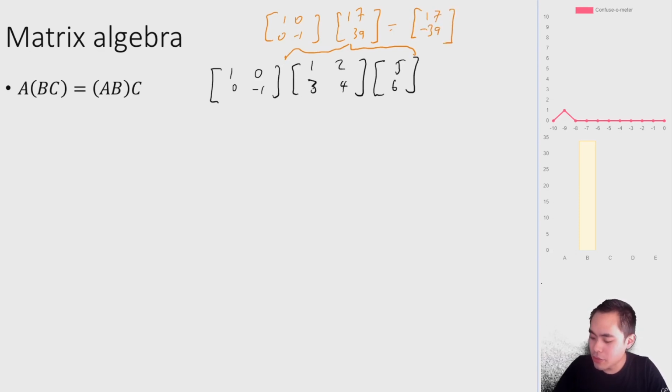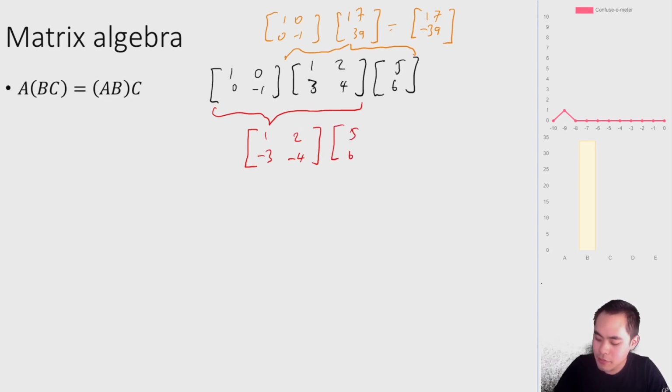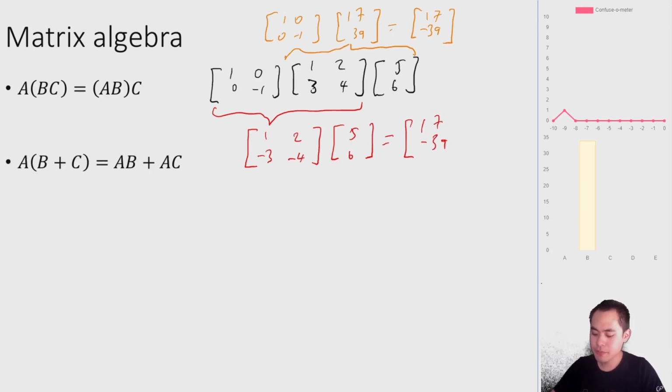If you do it the other way, multiplying the first two matrices together, that's just going to be [1, 2; -3, -4], and you should double check my work there, times [5; 6]. That's going to be equal to, again, 17 and minus 39. So it doesn't matter which order you do them in.